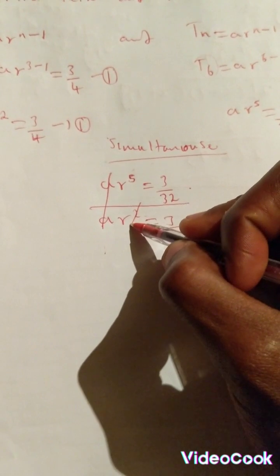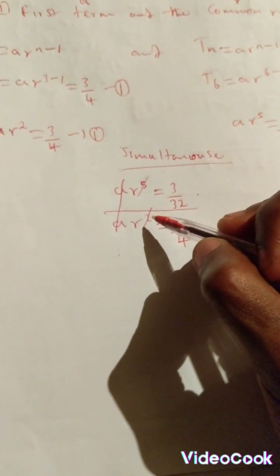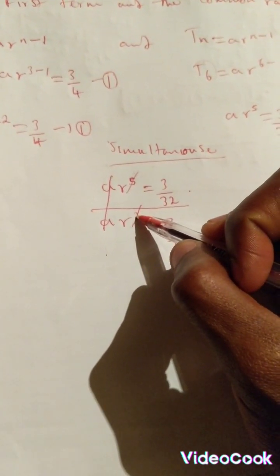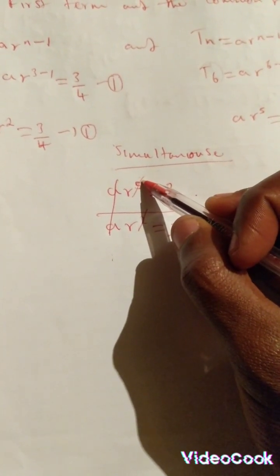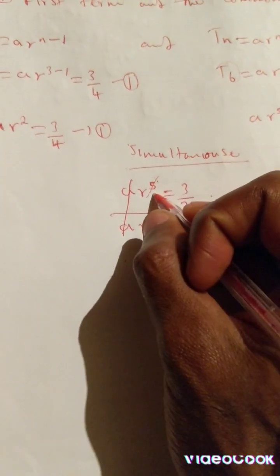Here 2. When we cancel, we remove the 2 r's from the 5. We're going to remain with 3 r's.